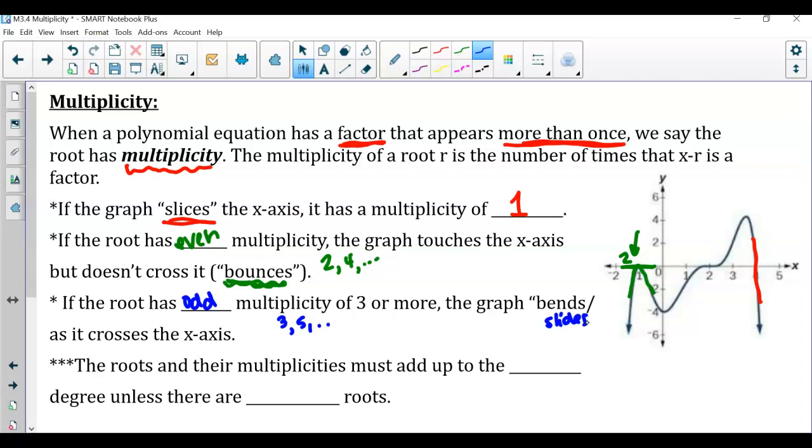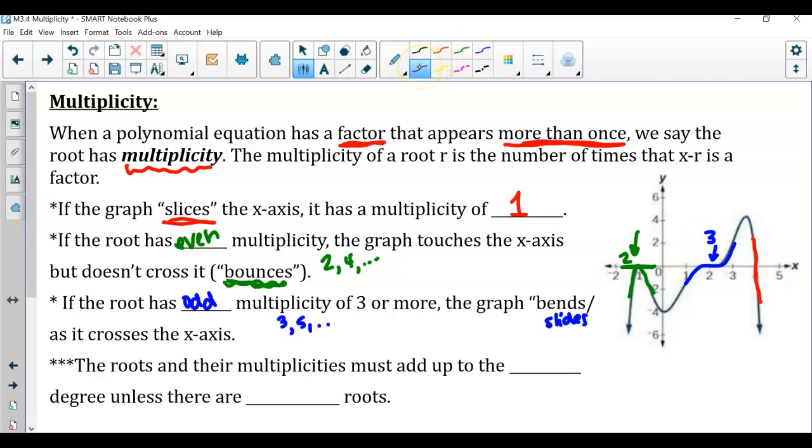It's still technically crossing; it just looks like it's bending or sliding. See here at 2, how the graph is kind of sliding along? It's still constantly increasing and crossing at 2, but this shows that it's odd. So in this example, the 2 has a multiplicity of 3.